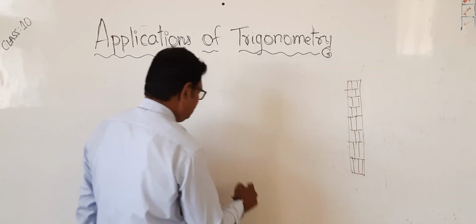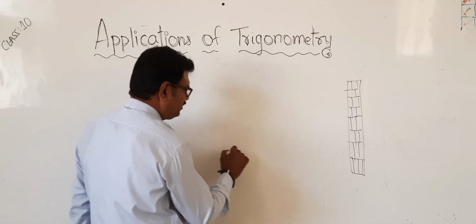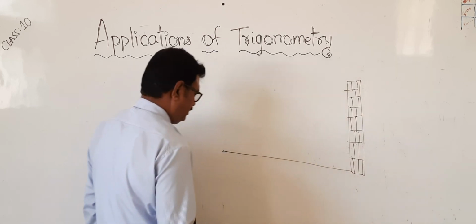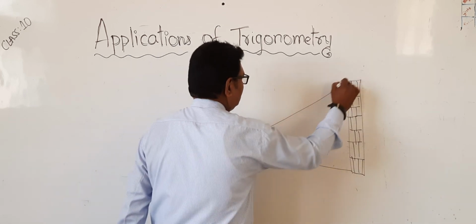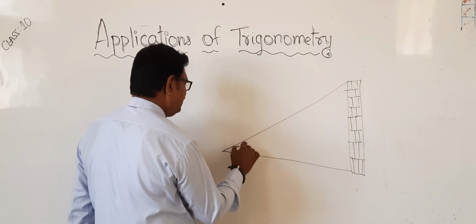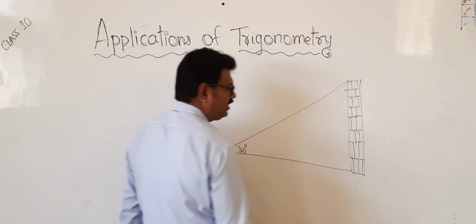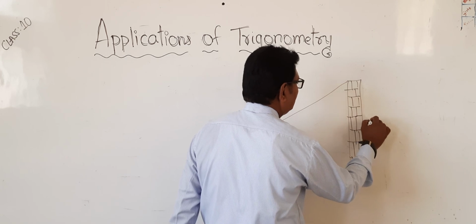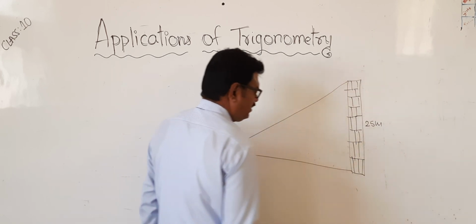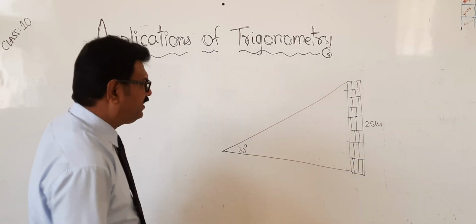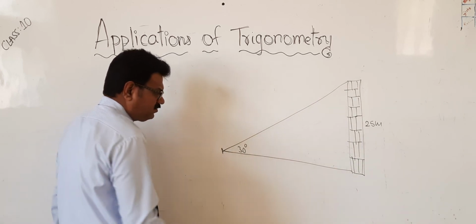One person is seeing it from a certain distance with an angle of elevation of 30 degrees, and the height is 25 meters. Find the distance between the pole and the person.